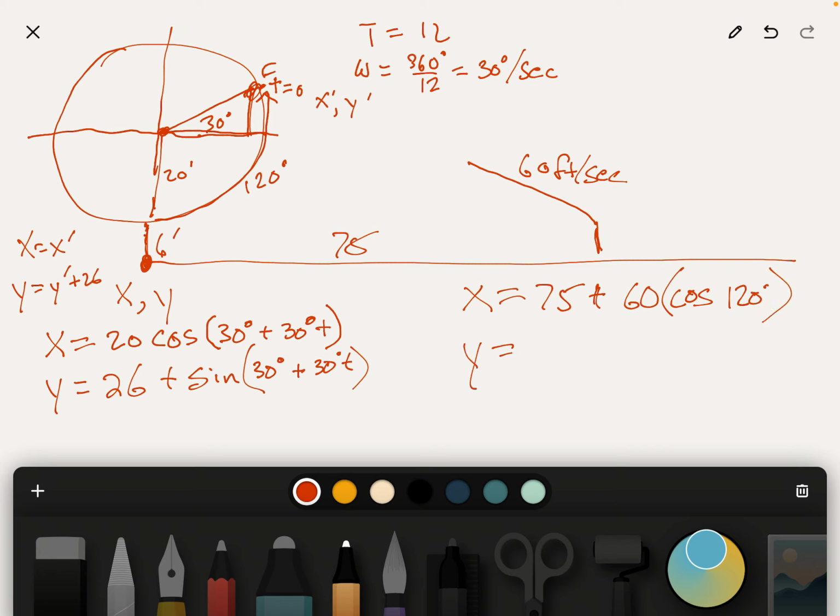And the y equals, it's a plus sign, 6 plus 60 times sine 120 degrees, and then gravity, minus 16 t squared. So those are our parametric equations.